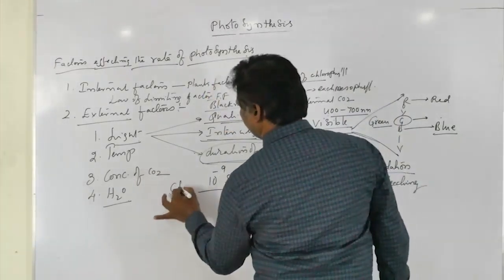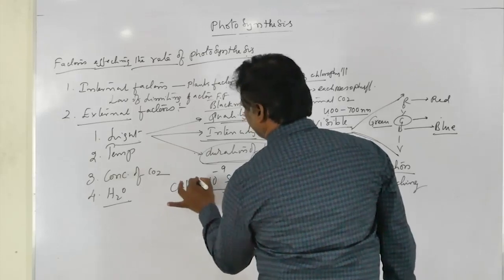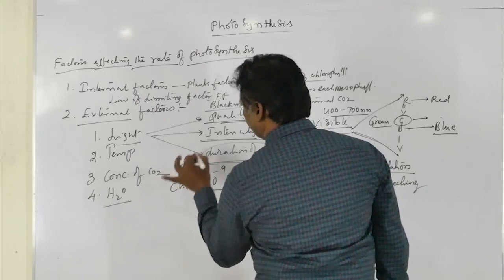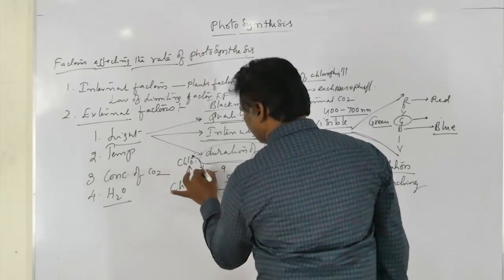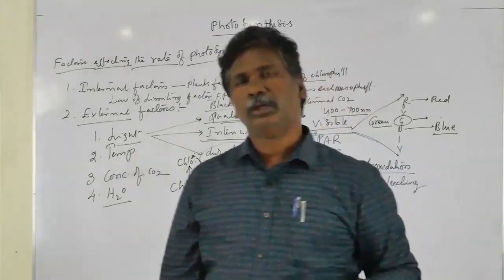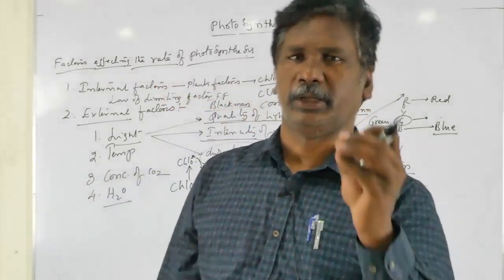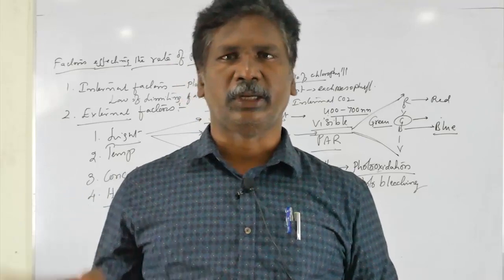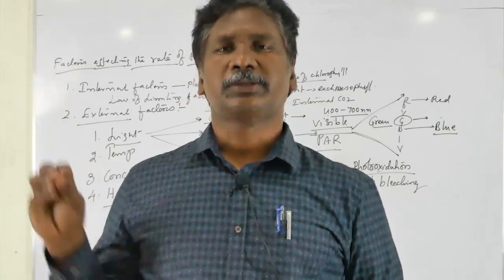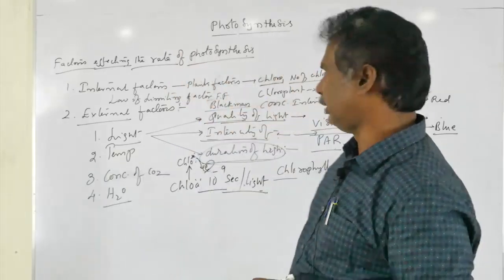When chlorophyll A is activated, it is in an excited state and immediately loses its electrons. Those electrons enter the different electron acceptors, already discussed in the cyclic and non-cyclic electron transport. So that is another important thing.